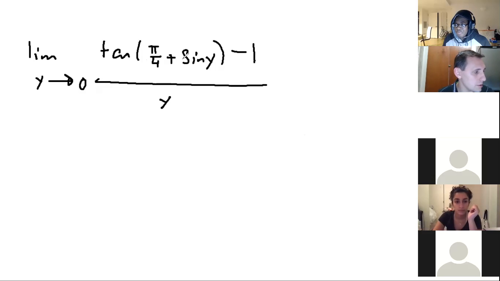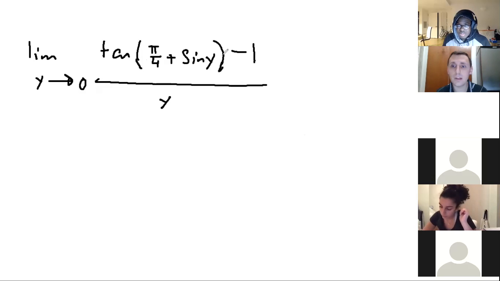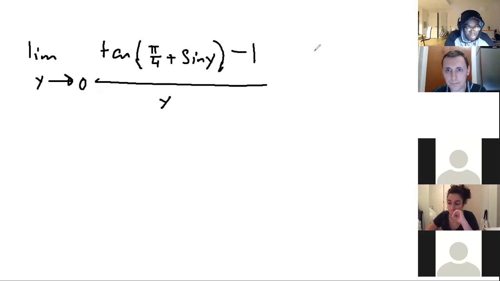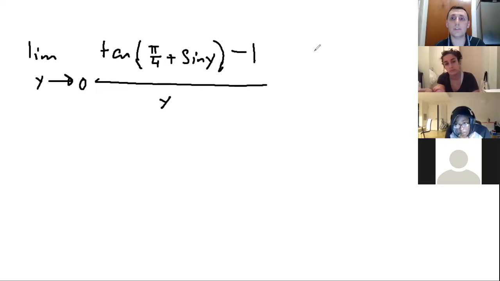How do you access sine y over y? So Nassim says 2. Interesting. All right, guys. So exactly. So this is, let's look at it, guys.